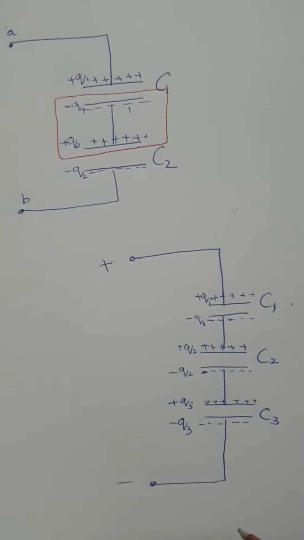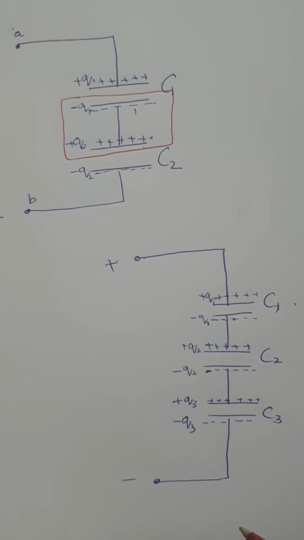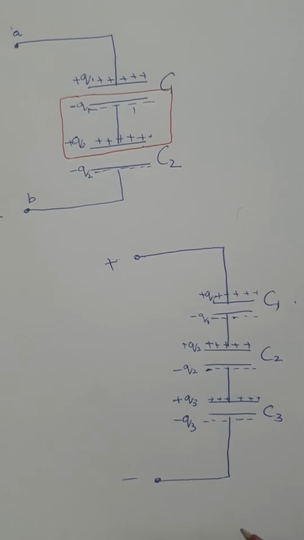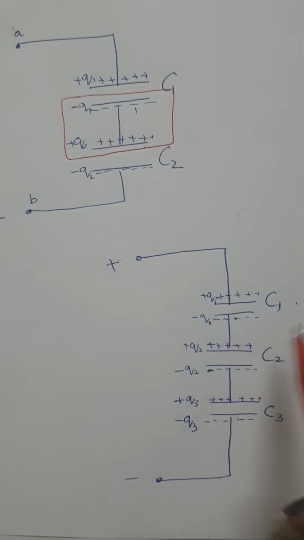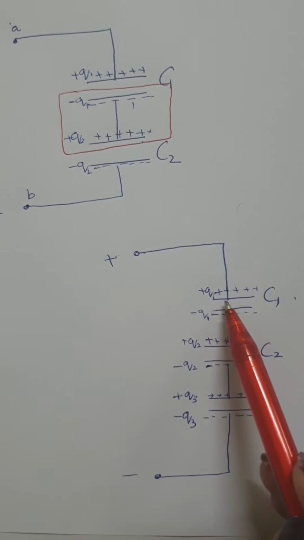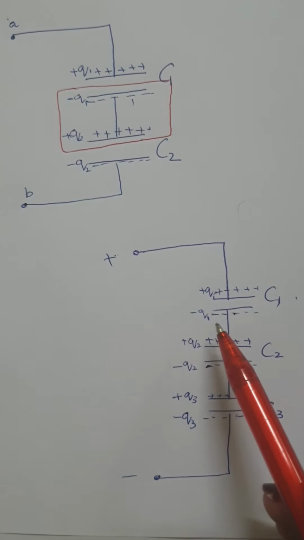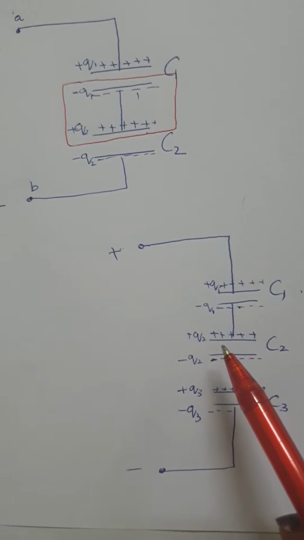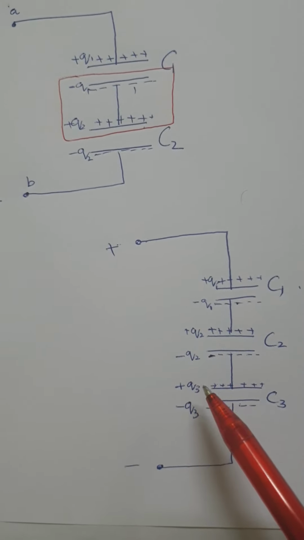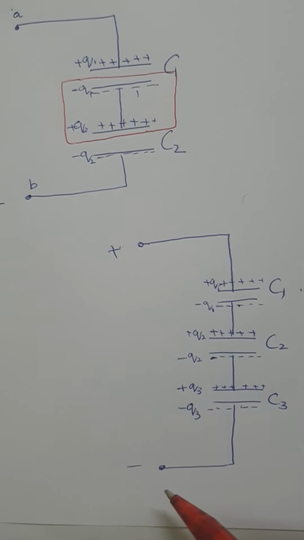Second, the battery directly produces charges on only the two plates to which it is connected, here the bottom plate of C3 and the top plate of capacitor 1. Charges that are produced on the other plates are due merely to the shifting of charge already there.